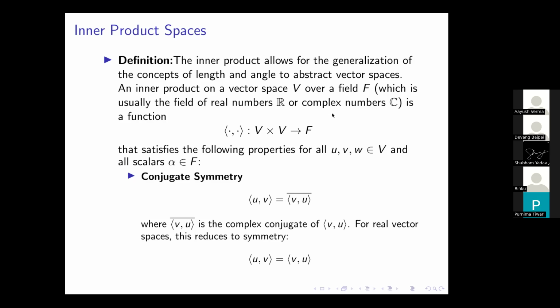We will define the function on the vector space as V cross V to F, the inner product, that satisfies the following properties, such that if we consider u, v, and w, three vectors which belong to the vector space V, and all the scalars, alpha, also belong to the field F.